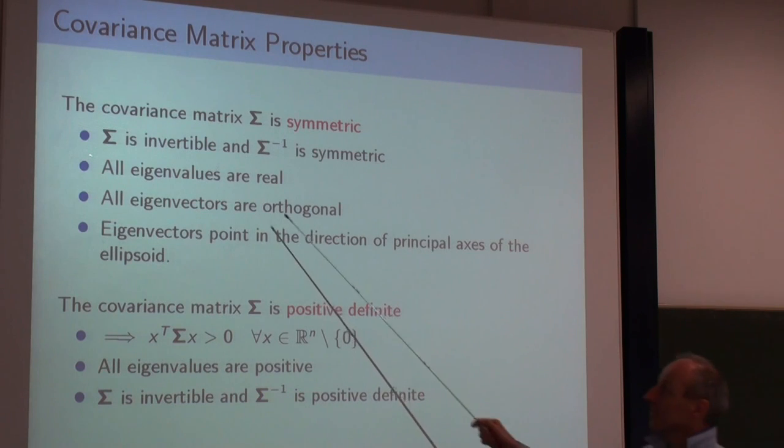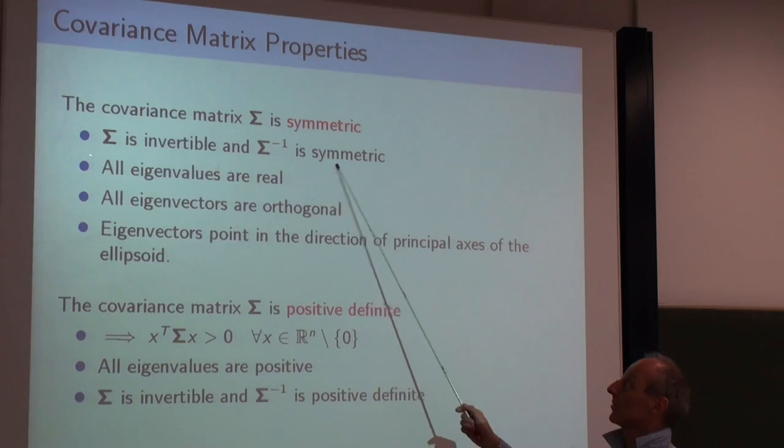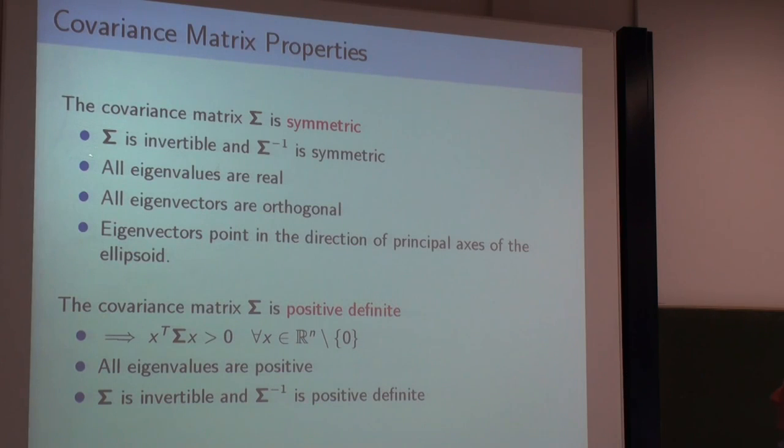All eigenvalues are real. This also holds for all symmetric matrices. All the eigenvectors are orthogonal. And the eigenvectors point in the direction of the principal axes of the ellipsoid. That's what we actually have seen in PCA.